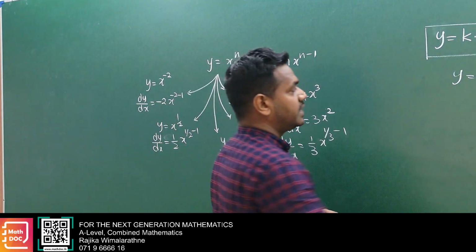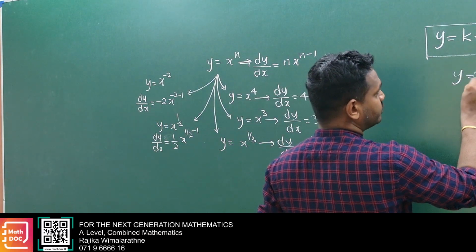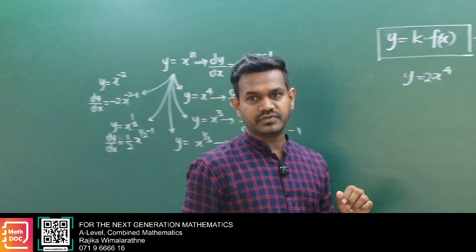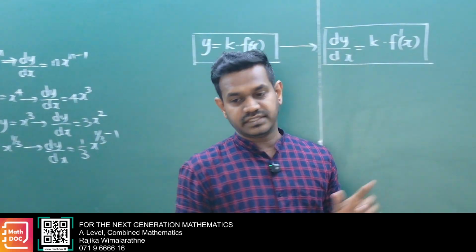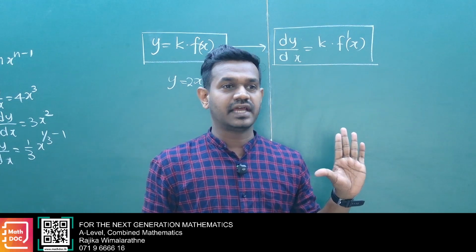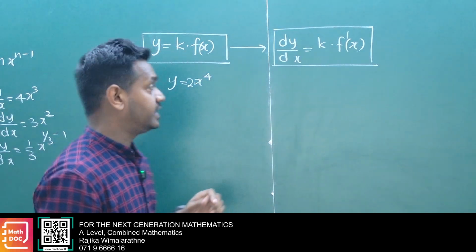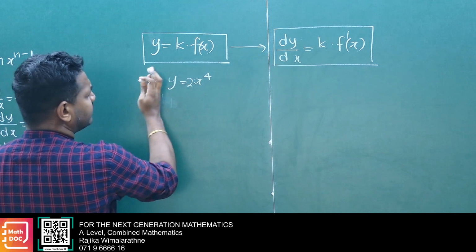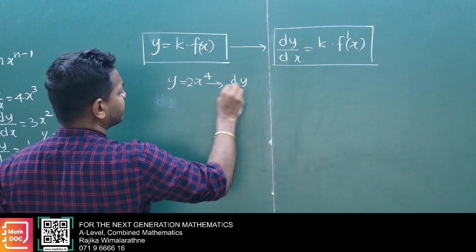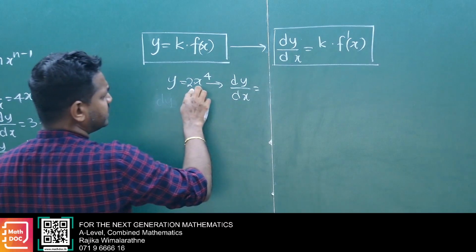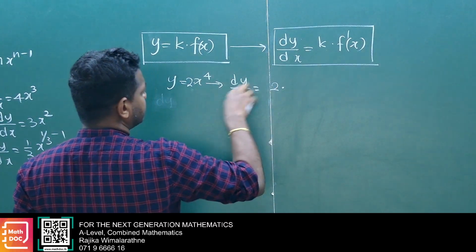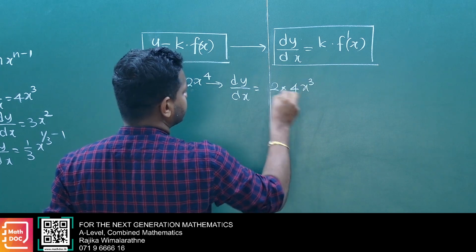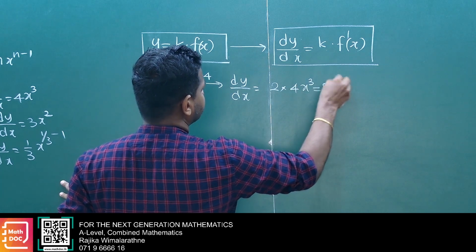Then y equals 2 times x to the power 4. Here, constant times function, so constant times derivative. Then dy by dx equals 2 times the derivative of x to the power 4, which is 4x cubed, so 8x cubed.